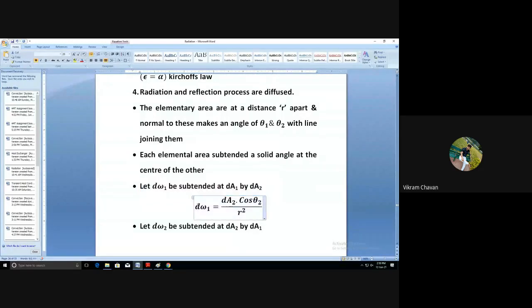Therefore, d omega 1 will be equal to dA2 multiplied by cos theta 2 divided by r square.